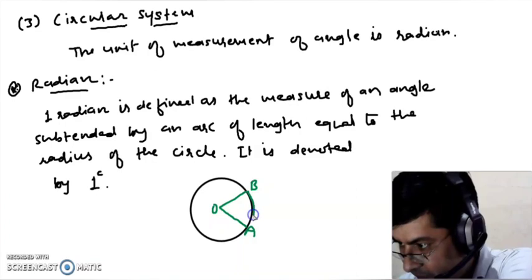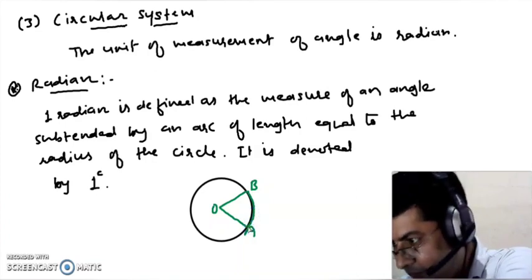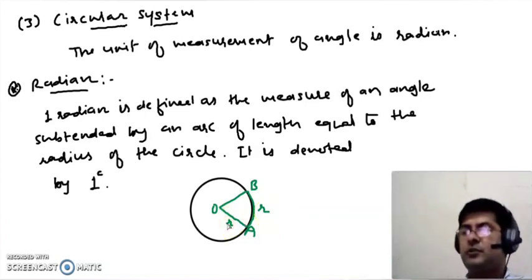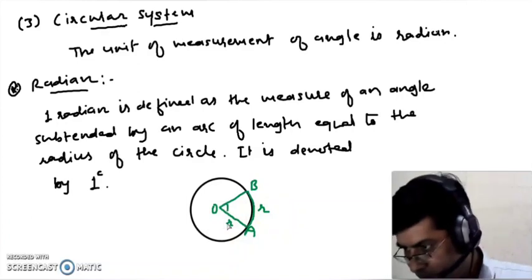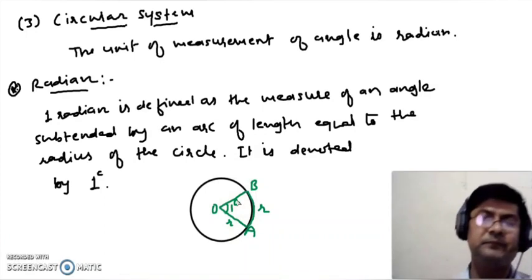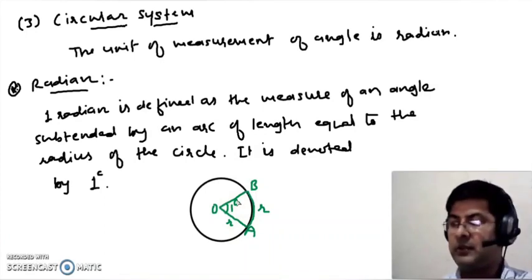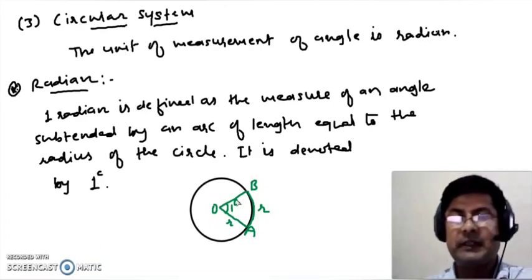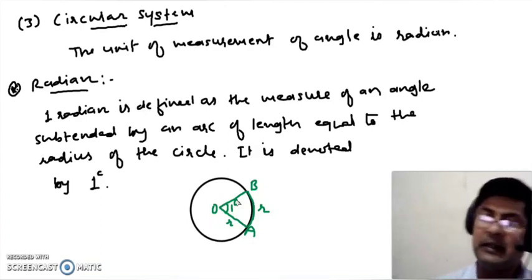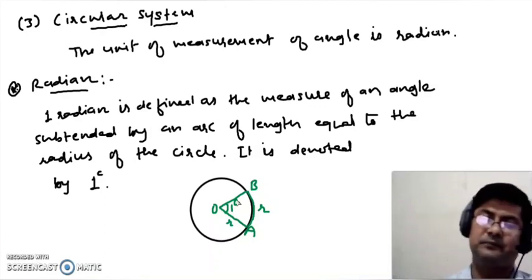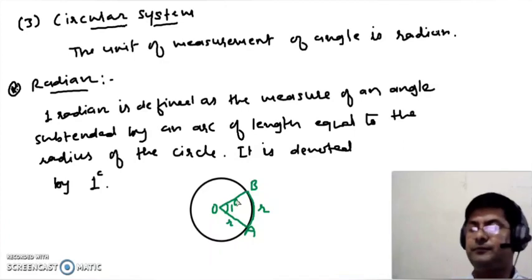Yes or no? Now the length of arc AB is equal to the radius, that is OA or OB. Clear? Yes or no? So the angle formed at the center in this case is 1 radian. Clear? Okay, so remember that 1 radian is the measure of an angle subtended by an arc whose length is equal to the radius of the circle.